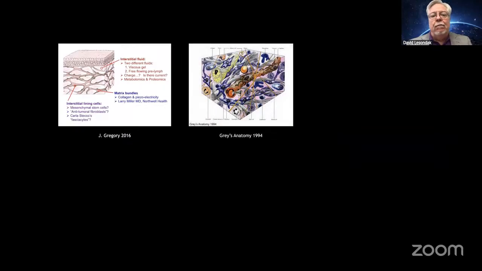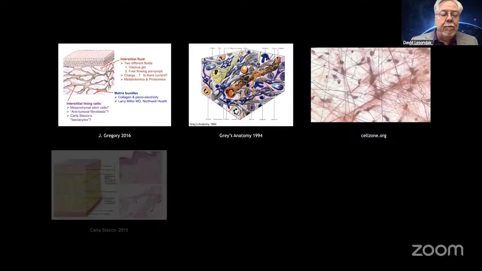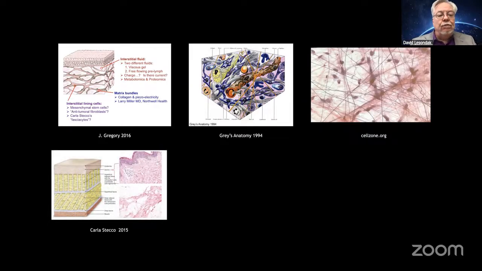I don't think it's very dissimilar from a typical slide from Gray's Anatomy, where you can see those branch-like fibers of collagen and the cells and the elastins and the macrophages and things. Here's a picture of just the collagen and elastin fibers in the fibroblasts, the cells that build the collagen. Here is a picture from the work of Carla Stecco and her fascial anatomy atlas for the human body.